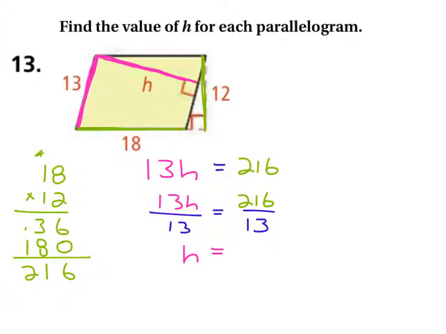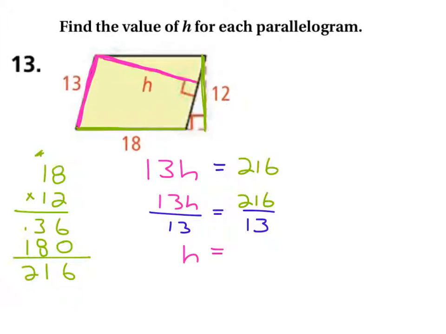If you did this on your calculator, and you should, because I want you to try what I'm about to do, you would do 216 divided by 13. So I'm going to do that right now, and I get 16 point blah, blah, blah. You're going to get some crazy number.